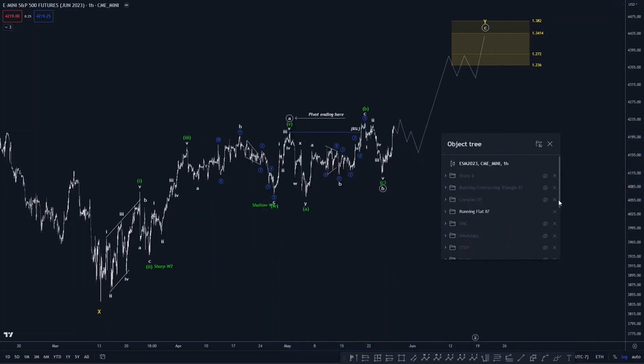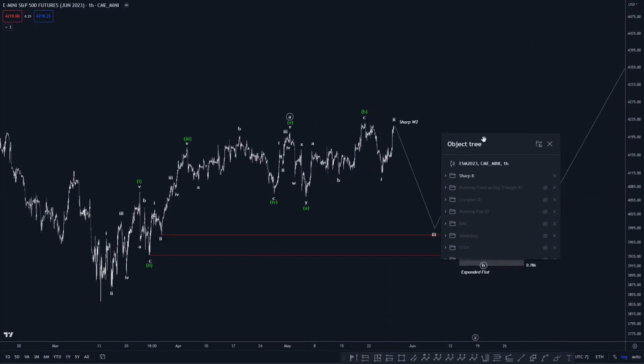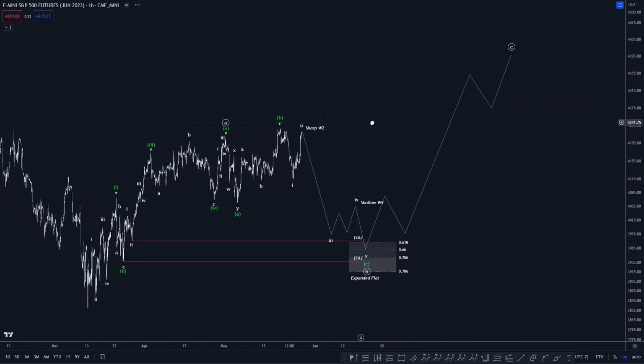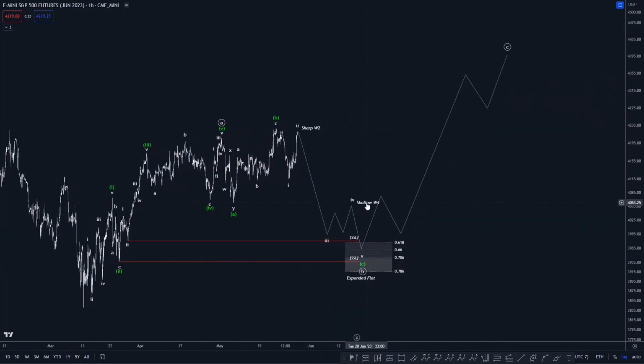I'd really want to see this because it has more of a healthy look to it when it comes to a three-way move structure-wise. It would cause issues for me due to how much longer it would take for the Y wave to form.